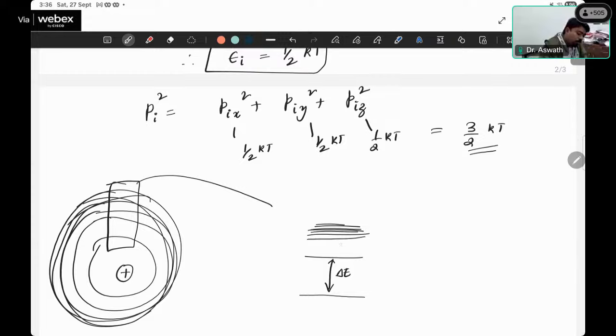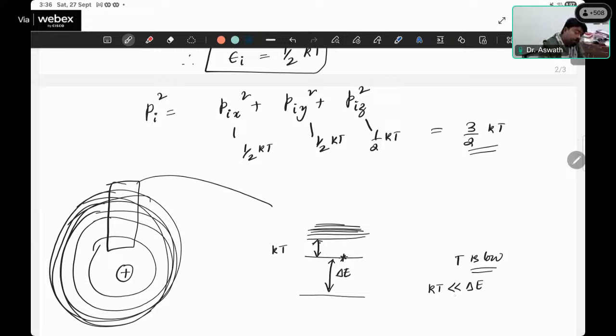When the temperature of the system is very low, electrons can be found in the lowest levels, where the separation between any two levels is greater than kT, the thermal energy. At very low temperature kT is very small, much smaller than delta E, so the electron cannot go to the higher orbits.